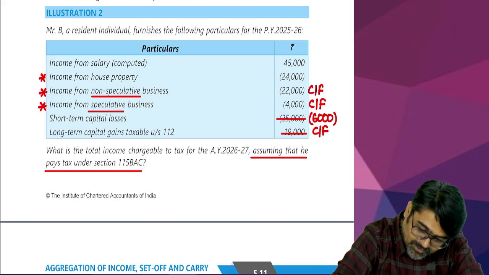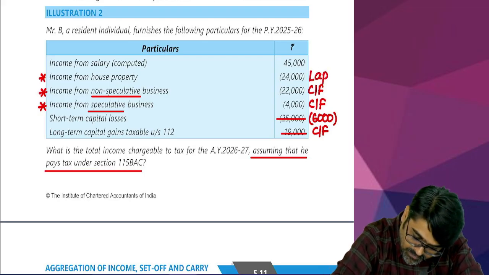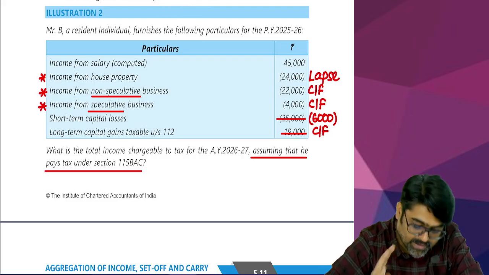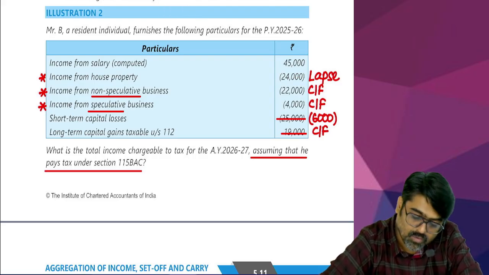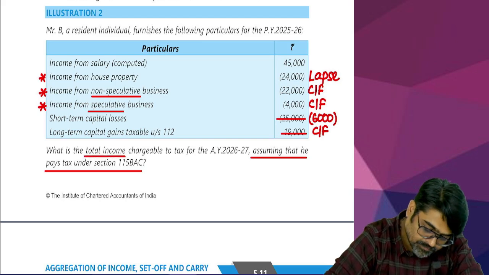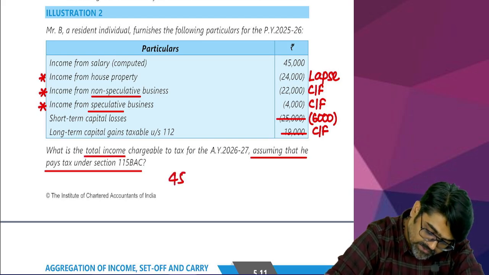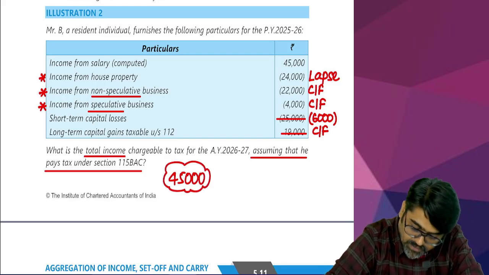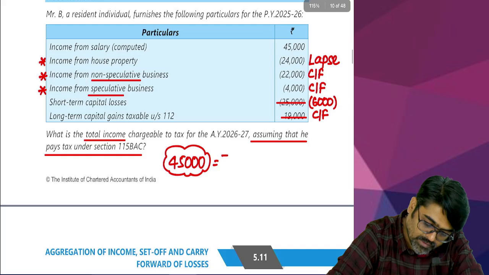So sir, this loss will lapse. This will not be set off, and this cannot be carried forward also. Yes or no? So what will be your final total income for this year? Everyone, did you understand? Sure, sir. And 45,000 is your final total income for this year.